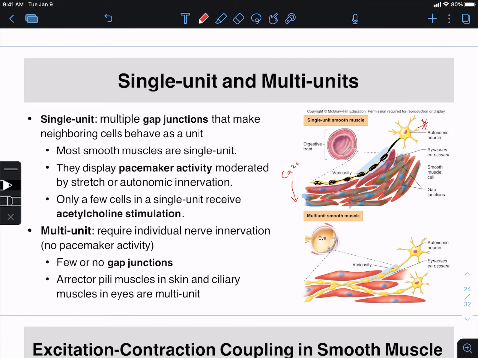Smooth muscles, in single units, often display what is known as pacemaker activity, which is moderated by stretching. Pacemaker activity means that they actually will generate their own electrical signal. We'll get into a little bit how that happens in cardiac muscle. I don't really talk a lot about it in smooth muscle, but pacemaker activity is usually caused by leak channels that gradually depolarize the cell.